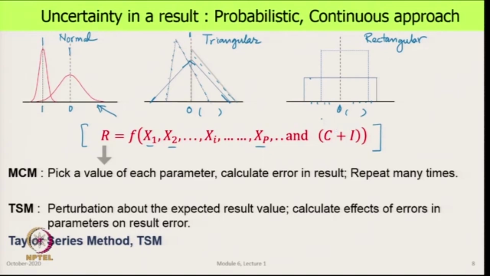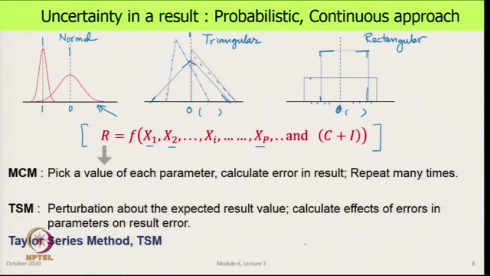And this need not be symmetric, as has been shown by this dotted line, where you have this rectangle over here, where the probability of certain values is more than the others compared to the mean value.